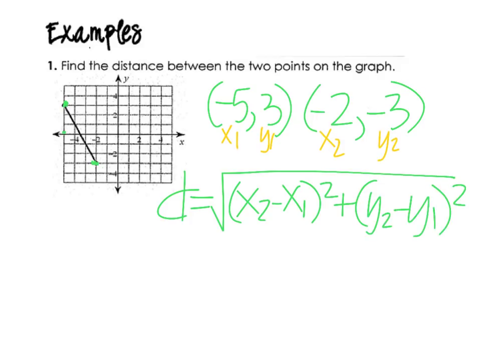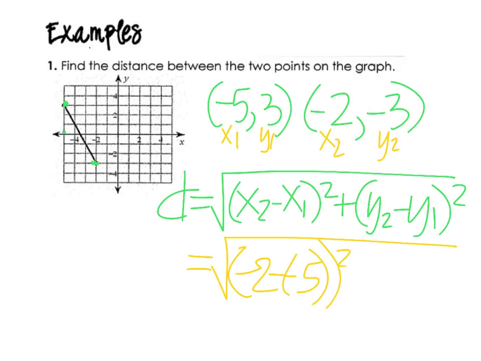Now we're going to take each of these values and substitute them in. So we've got the square root. We know x2 is -2, so we substitute it in, minus x1 is -5 squared plus y2, we labeled it, and it's -3, minus y1 is +3 squared.